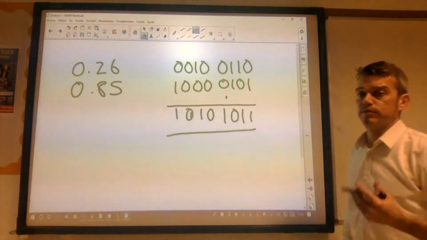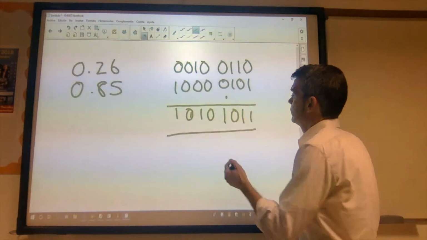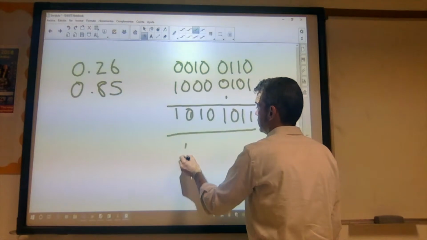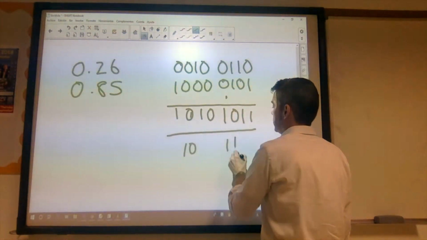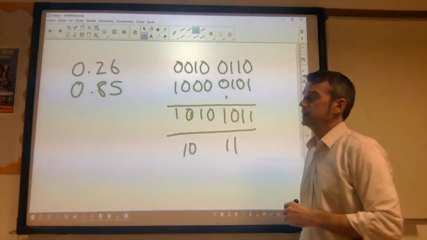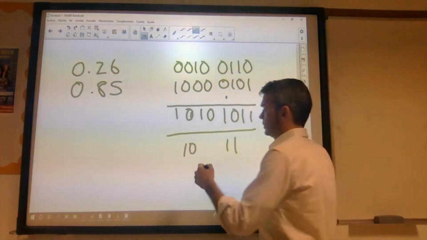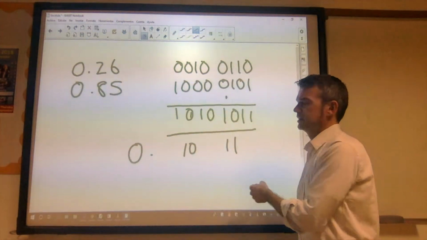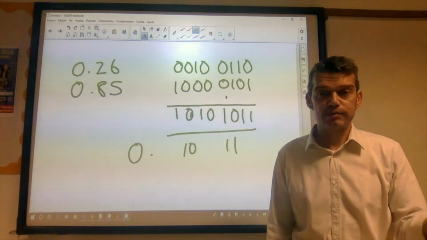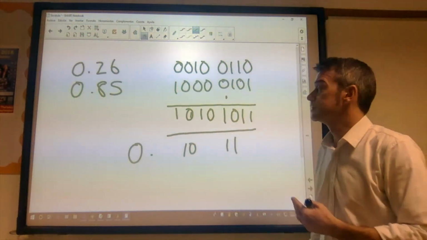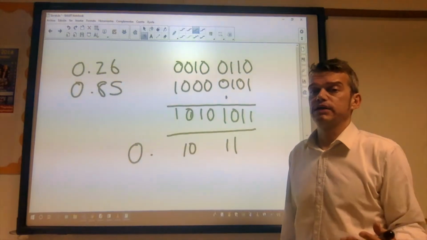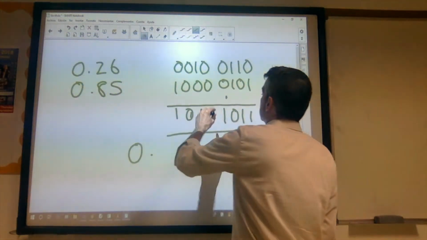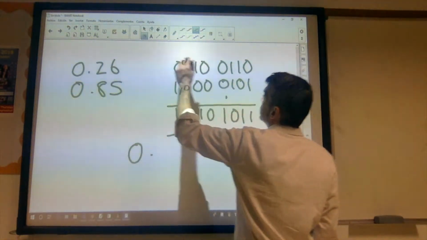The problem with that, of course, is that we've got 10 and 11 represented here, which would translate as 0.1011, and that doesn't make sense. So we need to find a way around this.